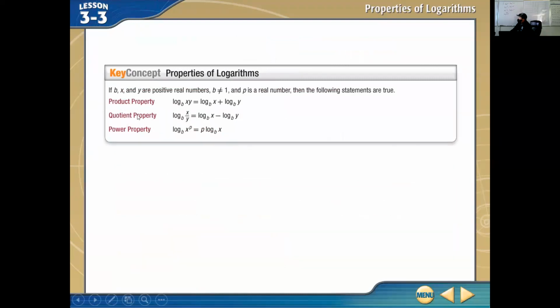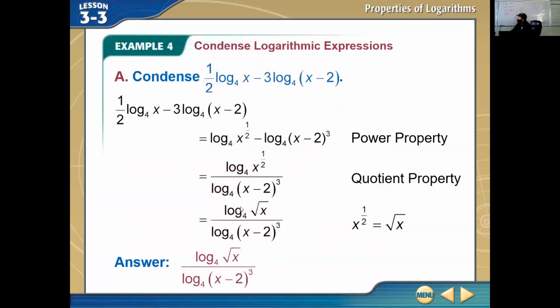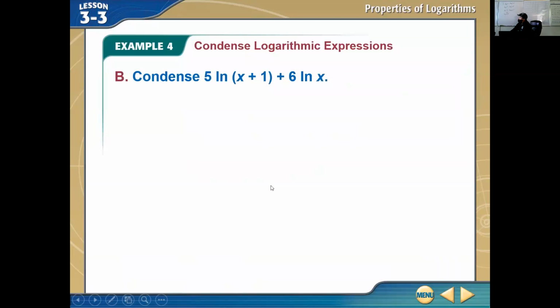See, right there, it can be condensed into one logarithm rather than a logarithm divided by another logarithm. I don't like that. They just do it very difficultly.